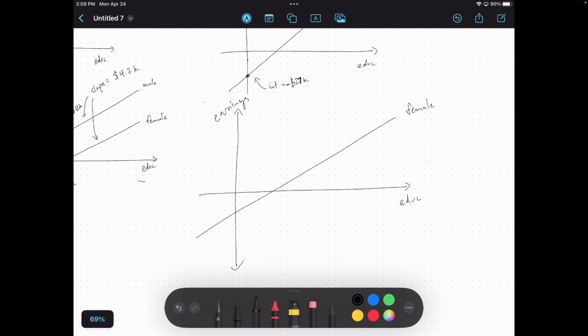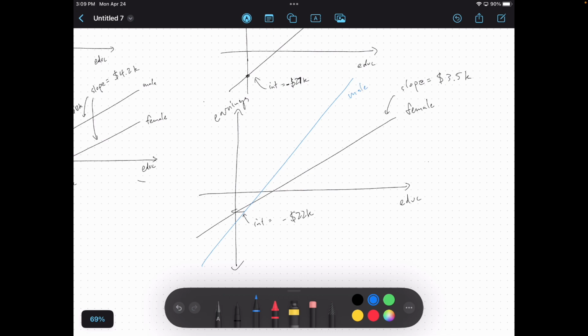Who can quickly give me the numbers? What are the coefficients for the intercept and the slope? Minus $22,000. Okay, and what's the slope? 3.5, okay. And so our males would have something like this.